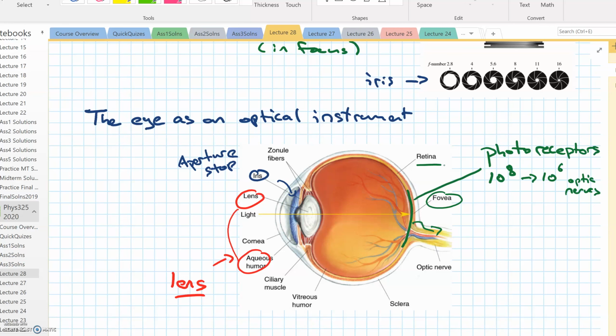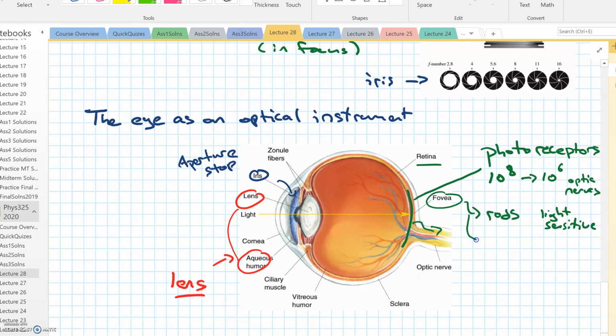There's actually pre-processing that goes on in the retina as multiple receptors are wired to multiple nerves as they send an image to the brain. The region where there's the most dense set of receptors is called the fovea. And there's two types of receptors, we should say. There's rods, which are highly sensitive to variations in light, very light sensitive.